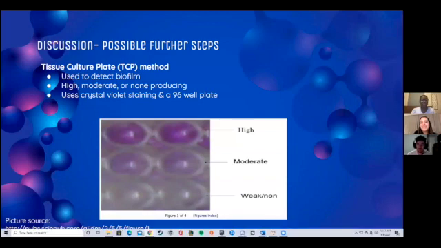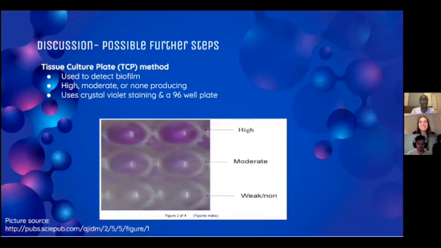Okay, so in addition to the Hektoen enteric agar that Stephanie mentioned earlier, another good isolation method would be the tissue culture plate, because this can detect biofilm. It can detect if our bacteria would be producing biofilm, and whether it produces it in high, moderate, or no amounts.